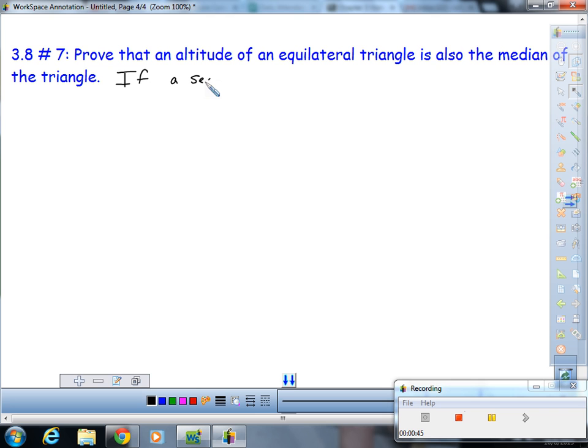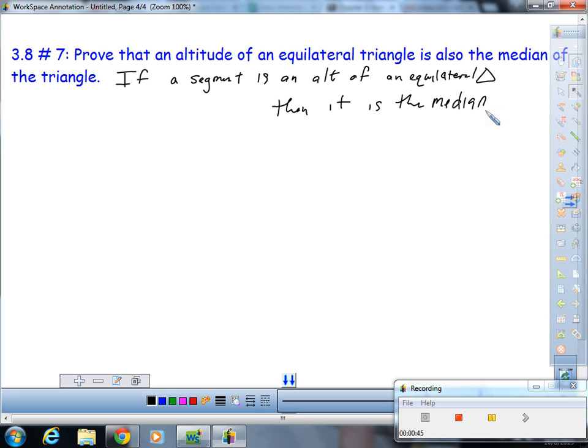If a segment is the altitude of an equilateral triangle, it is also the median. Excellent. If a segment is an altitude of an equilateral triangle, then it is the median.